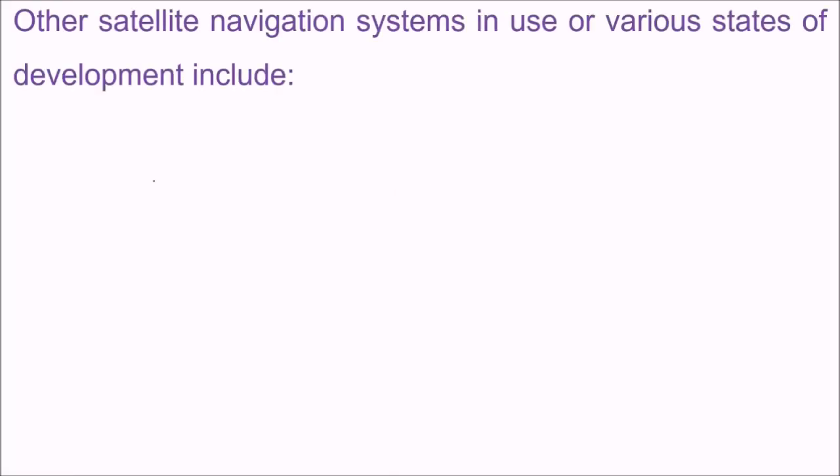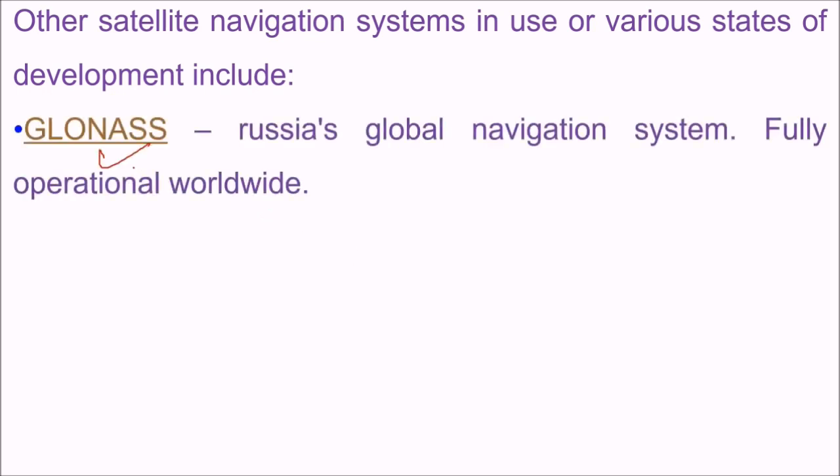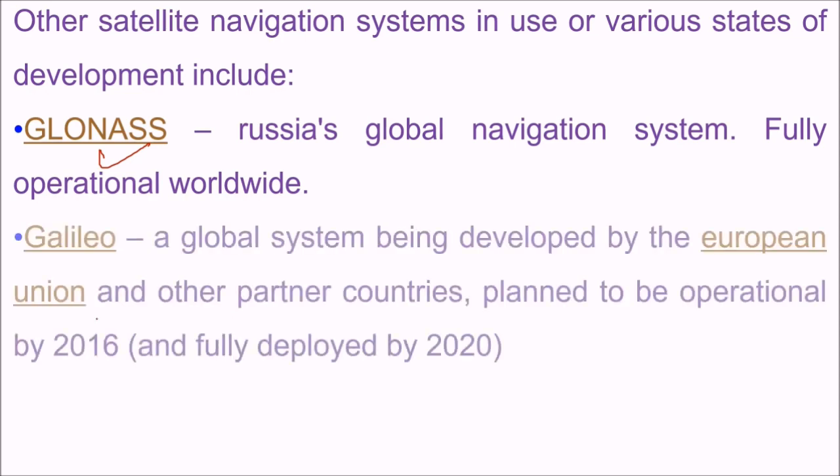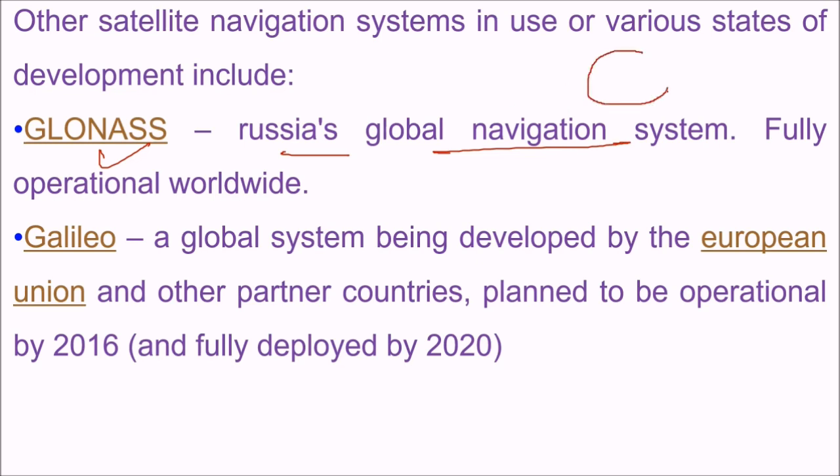There are various satellite navigation systems in use, in various states of development. GLONASS first, because GPS we have known. Let us talk about GLONASS. This is Russia's global navigation system. One kind is a global navigation system, which covers the complete globe, and there are regional navigation systems, which only cover a region. We'll differentiate between these.